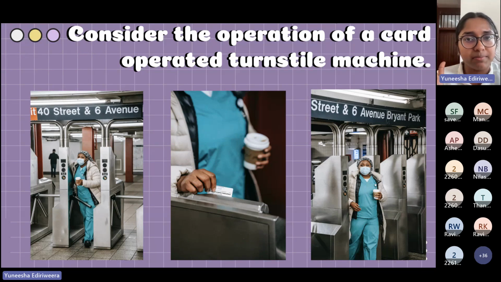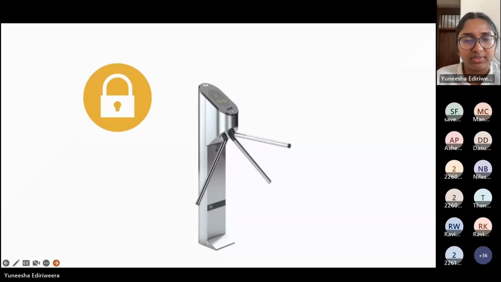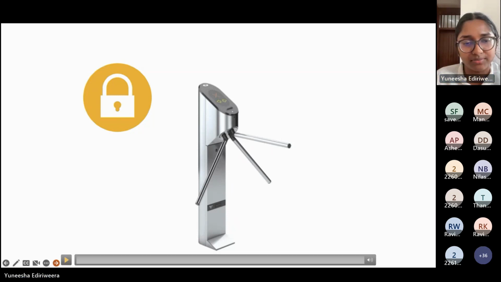After a single person passes through, the gate will come back to the locked state because it expects another person to insert a card or coin. So it will be locked until another card or coin is inserted. This short video clip will show you the basic operation of a turnstile machine.